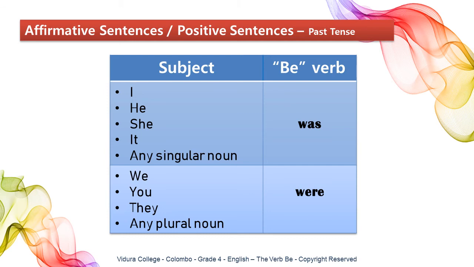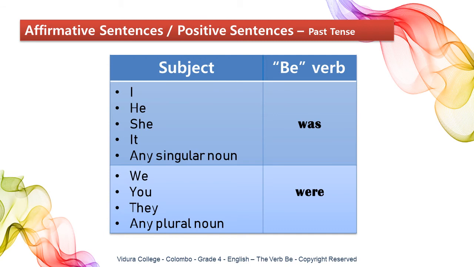Here, the subject I is also categorized under singular nouns. So, for subjects like I, he, she, it, or any singular noun, we have to use the be verb was. And for subjects like we, you, they, that means plural nouns, we have to use the be verb were.